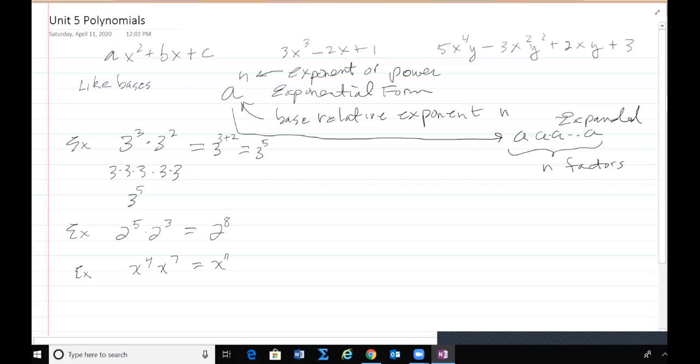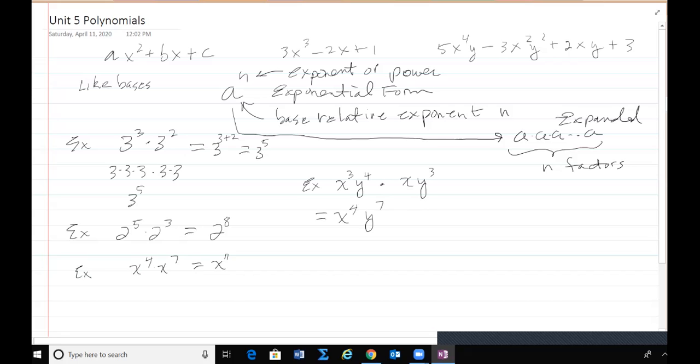Okay. If you have a few things to multiply, let's say you've got x to the 3rd and y to the 4th, multiplied by x to the 1st and y to the 3rd. You simply combine the like bases. That'll be 4, and this will be 7. Combining the x's with the x's and the y's with the y's and rewriting it this way.